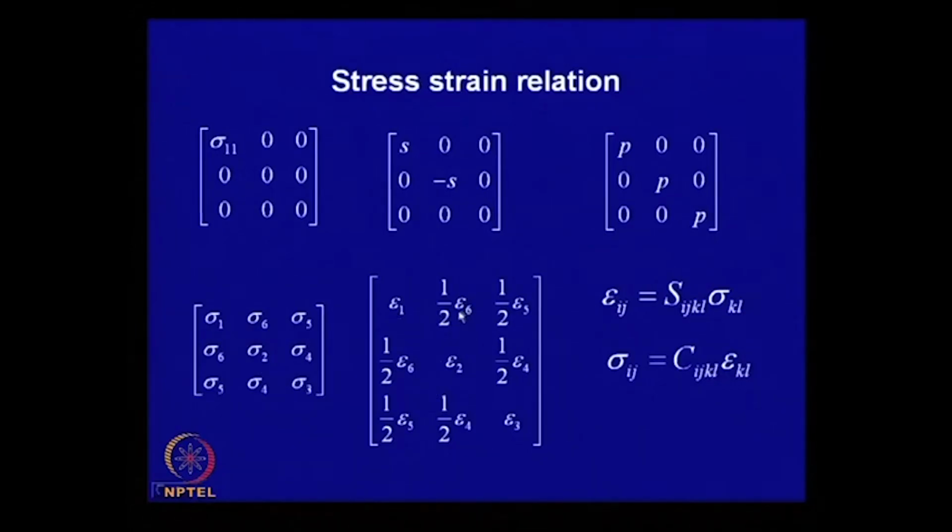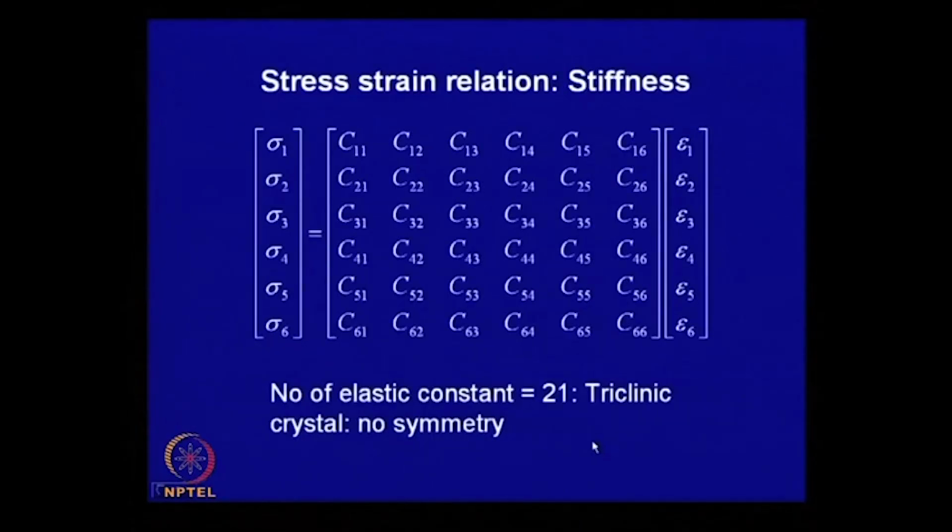So this strain component, epsilon 6 over 2, is represented like this. In that case, you have 6 components of stress and 6 components of strain, and they will be related by a 6 by 6 matrix, and this matrix is called the stiffness matrix.